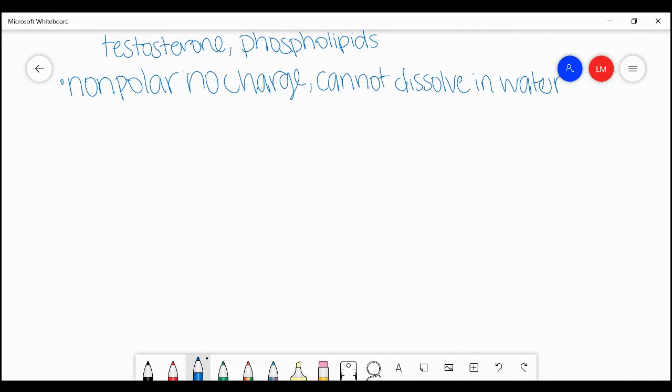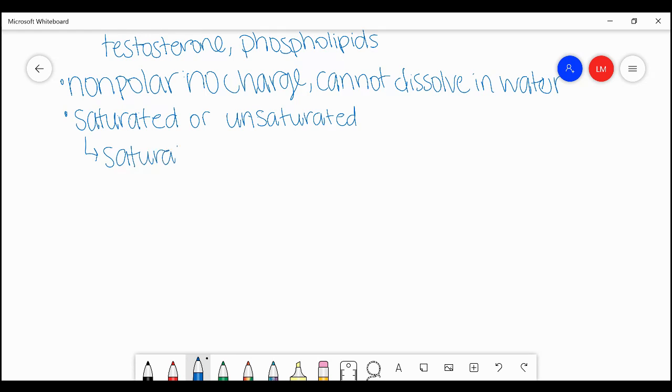The last thing for lipids is that they can either be saturated or unsaturated. An example of a saturated fat would be butter or maybe shortening.